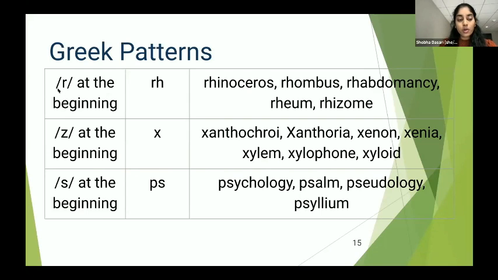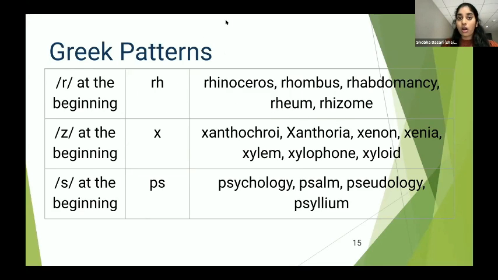Okay, so for more Greek patterns, the R sound is spelled with an RH in Greek, especially when it's at the beginning of a word. And so that's why you get words like rhinoceros, which is RHIN instead of RIN, for example, or rhombus, rhabdomancy, rheum, rhizome.